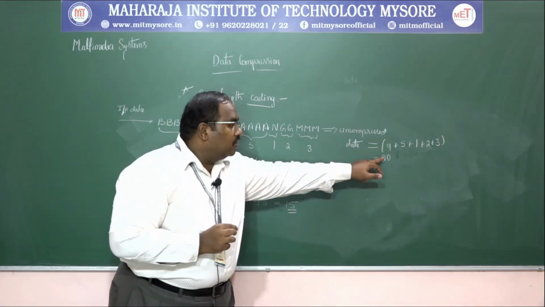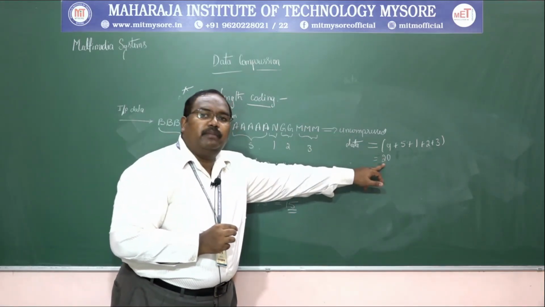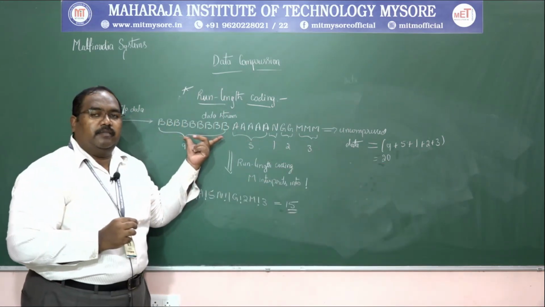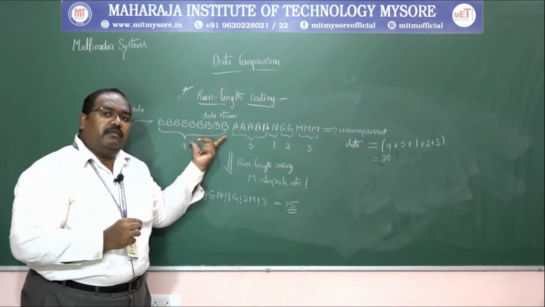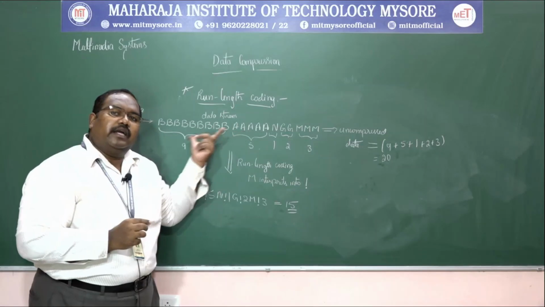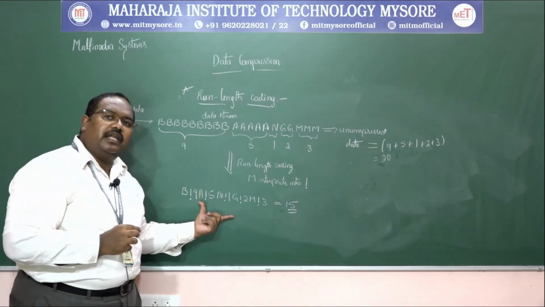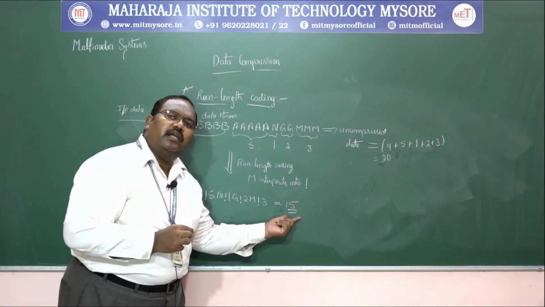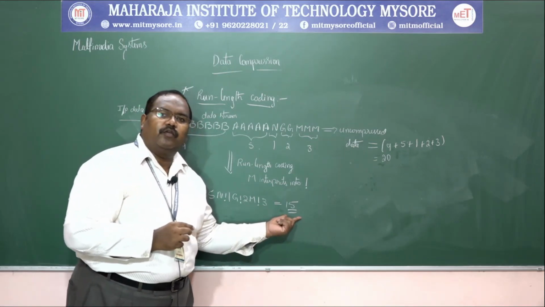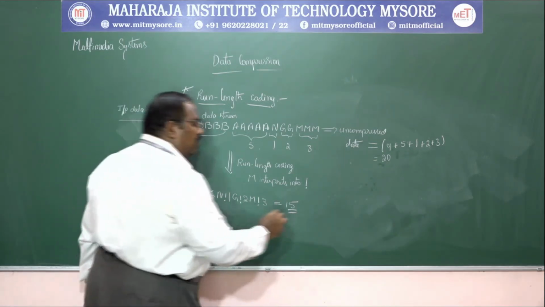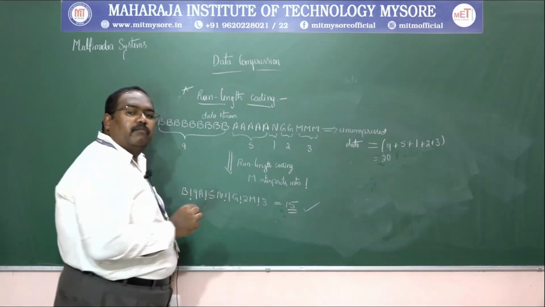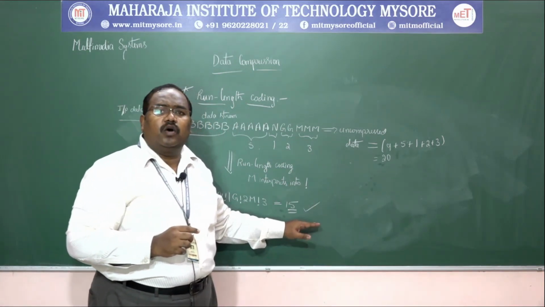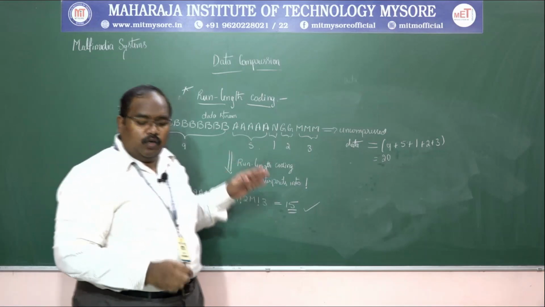Uncompressed data uses 20 bits of information to store this huge data stream. The same data stream represented in compressed form using run length coding requires only 15 bits of information, which is more efficient, meaning less space is required. This is called run length coding.